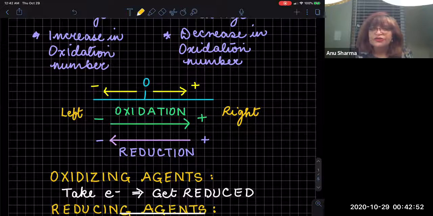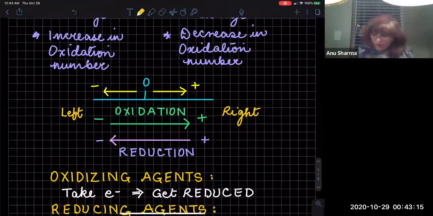Oxidation numbers can range from negative to 0 to positive. So when you go from the left hand side to the right hand side on a number line, from negative to positive, including the 0, that is going to be oxidation. But when you move from positive to negative, including the 0, then that is going to be reduction, and that is for the oxidation numbers.